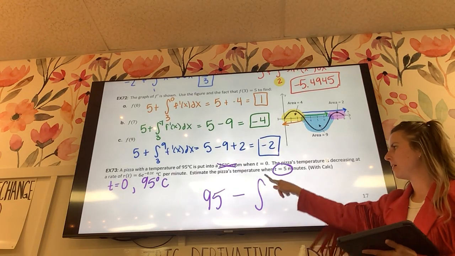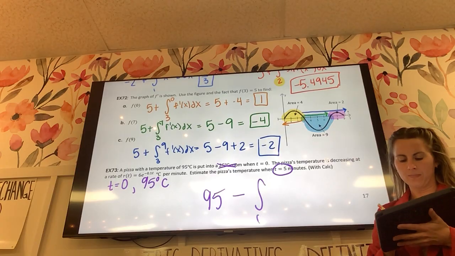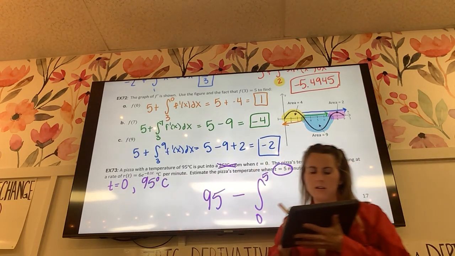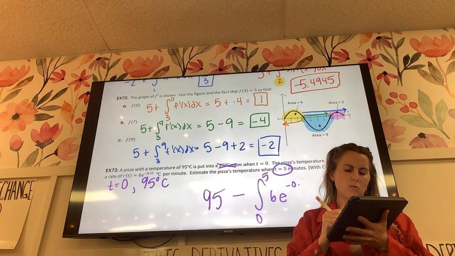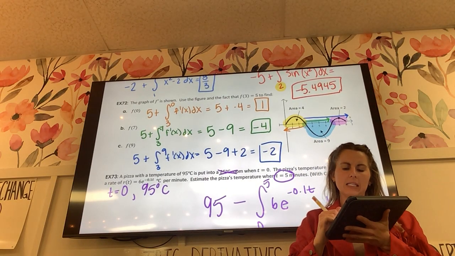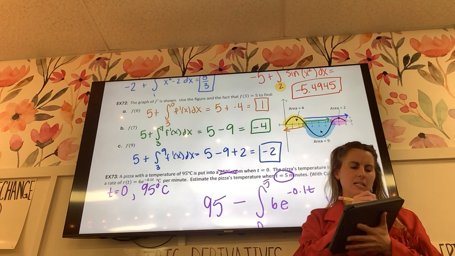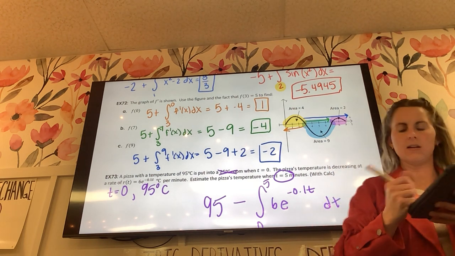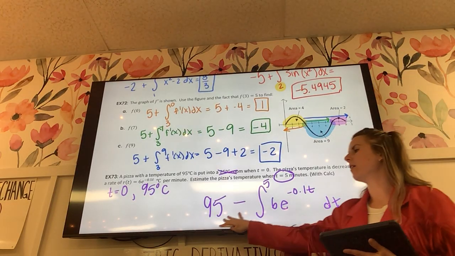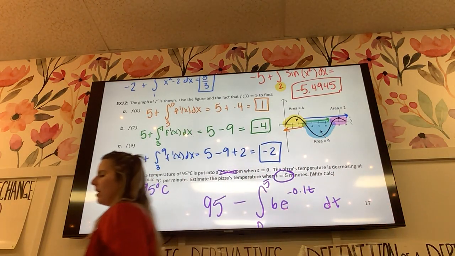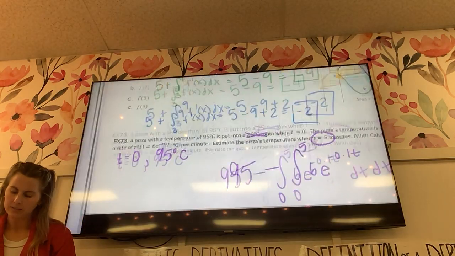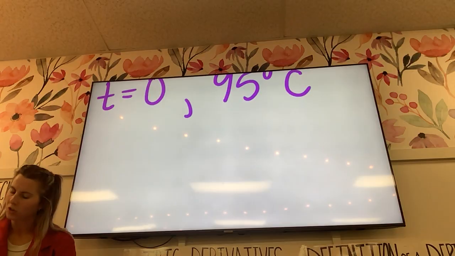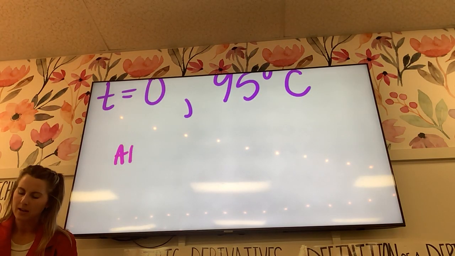Now, what are my bounds going to be on my integral? 0 to 5. And then in here is going to be your rate function, 6e to the negative 0.1 t, dt. Ugh, can't write dt. And then now you could type all of this in. And as with any word problem, it is a good idea to make sure you name the noun and unit with the time.